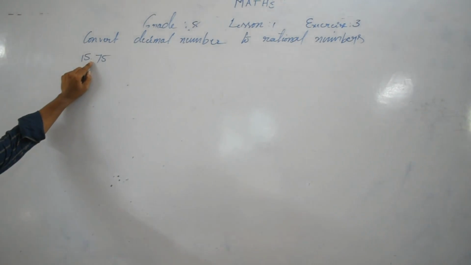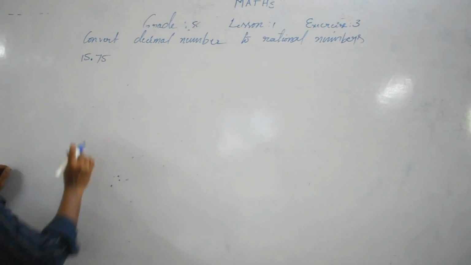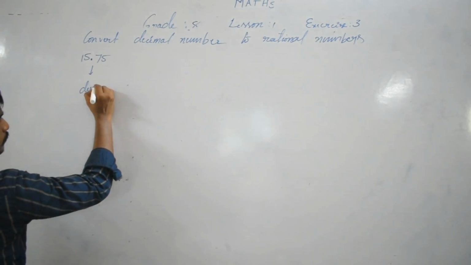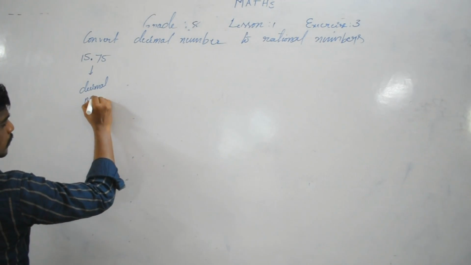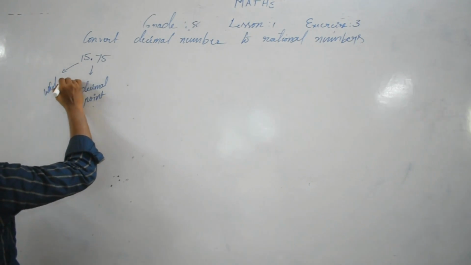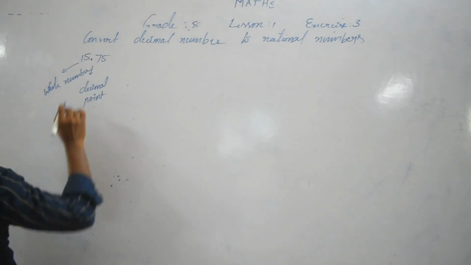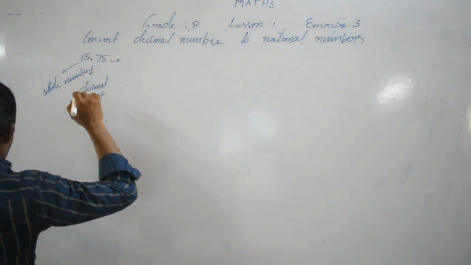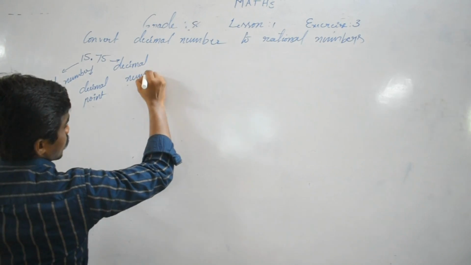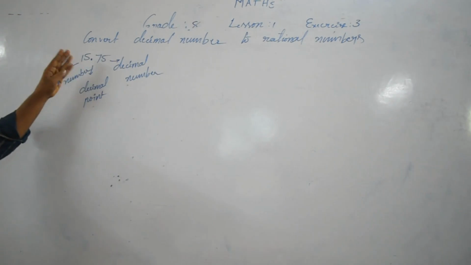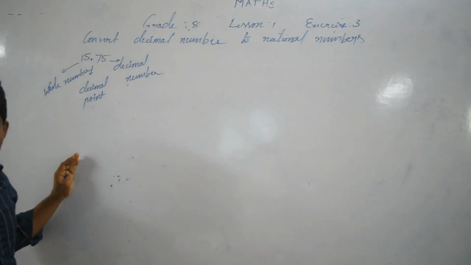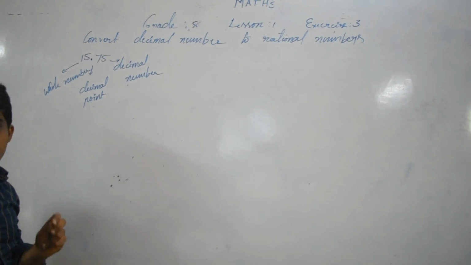This is the decimal point. Now clear? So the right side of the point is the decimal part, and the left side of the point is the whole number. So this is called a decimal point.